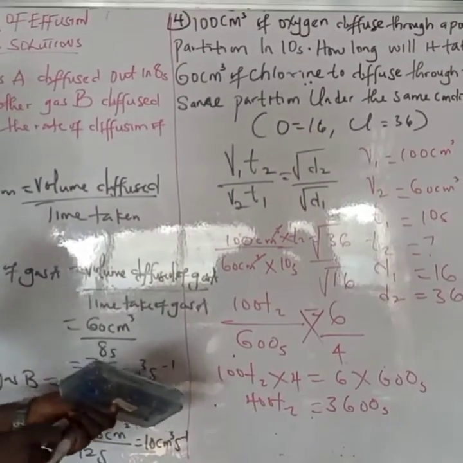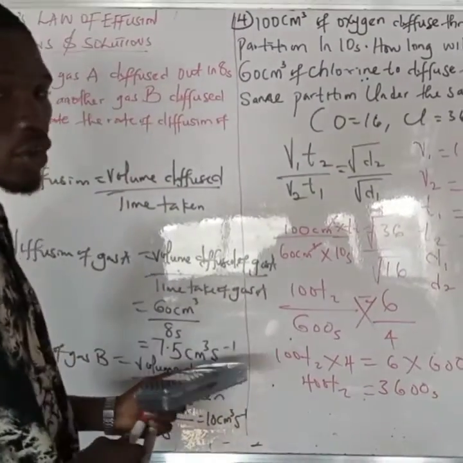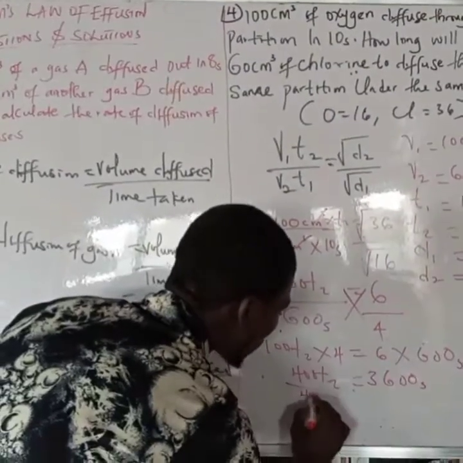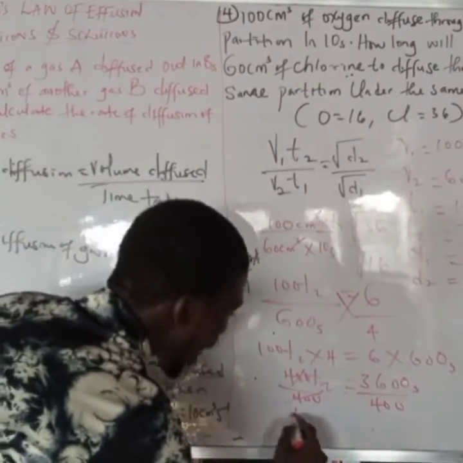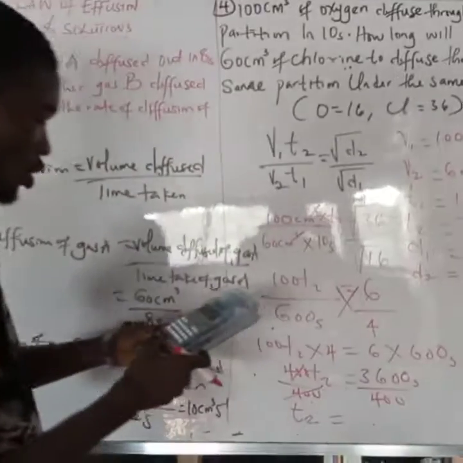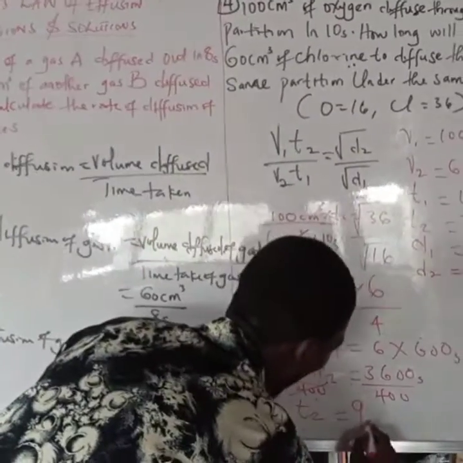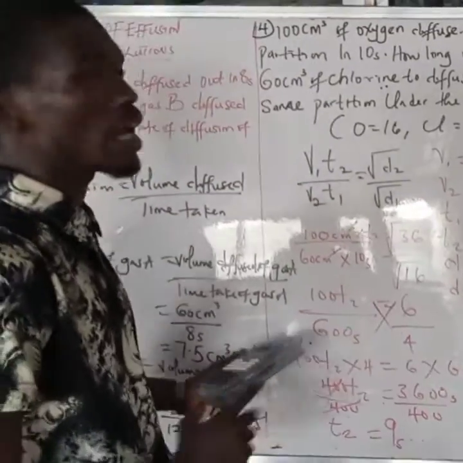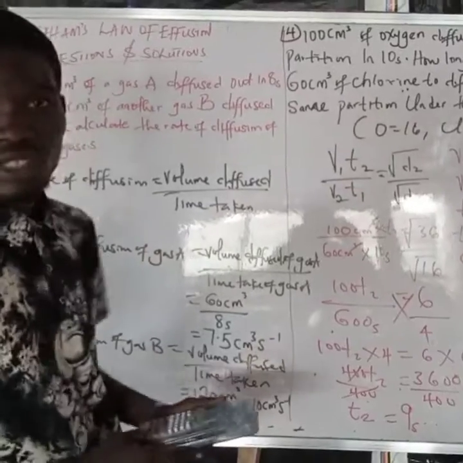Because we are looking for our T2, we divide both sides by the coefficient of T2, 400. This cancels this. So we have T2 equals 3,600 divided by 400, we have 9 seconds. So that is all about Graham's law of diffusion, how to attempt the question.